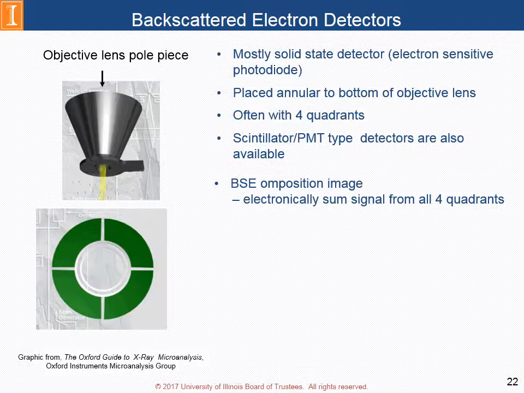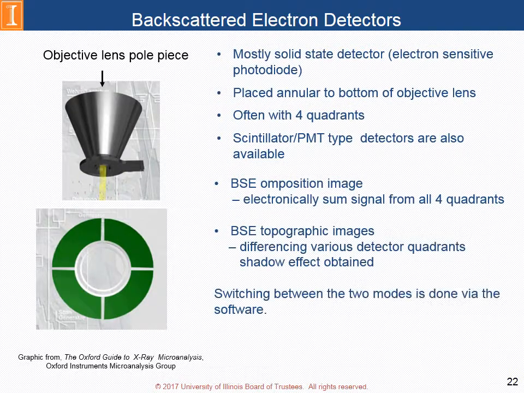There are 2 types of backscattered electron imaging. One is BSE compositional imaging, which is obtained by electronically summing signals from all 4 quadrants. The other is BSE topographic imaging, which is obtained by differencing various detector quadrants.